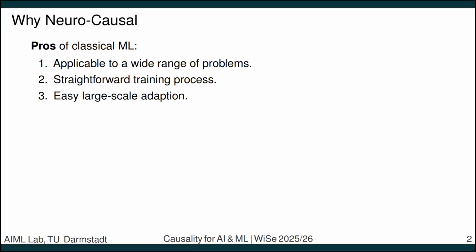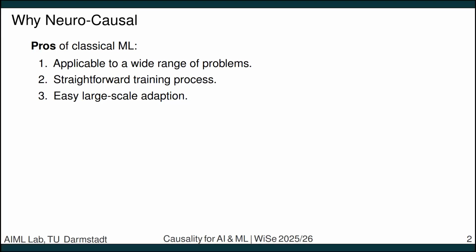Whenever we have sufficient data, we can try to train a machine learning model on it to solve certain tasks like classification, regression, and they can handle multiple modalities, so classical tabular data, textual data, image data. So they are quite flexible in what we can apply them to.